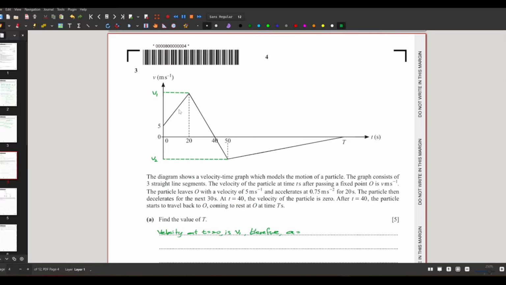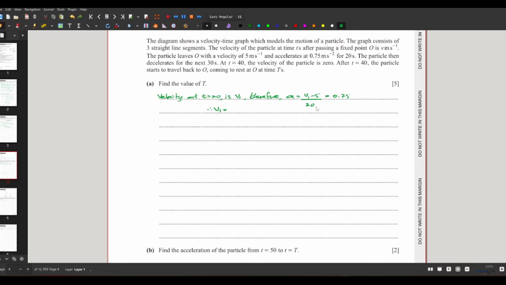So v1 equals 0.75 times 20, plus 5. You will receive 20 meters per second. So this value is 20.